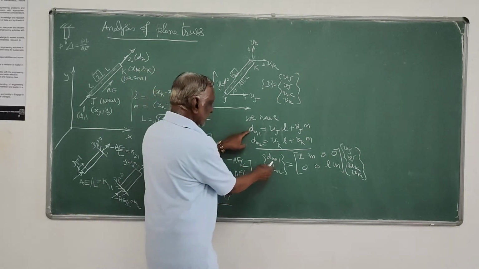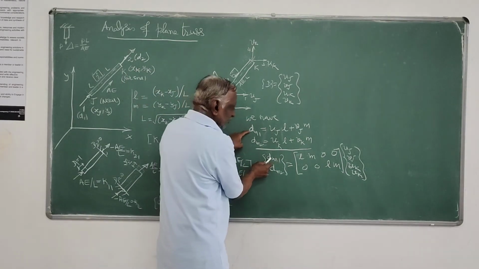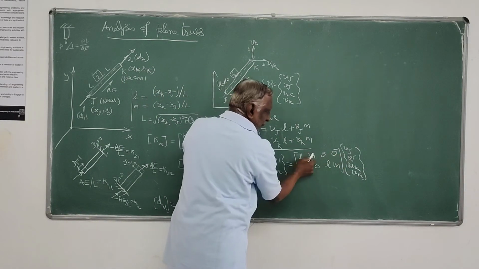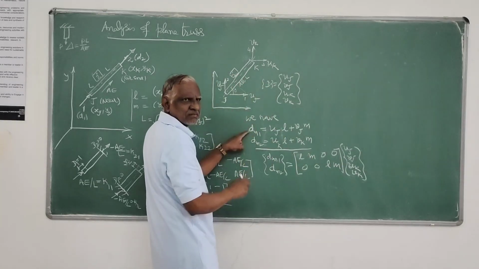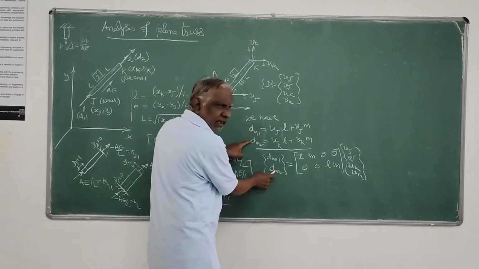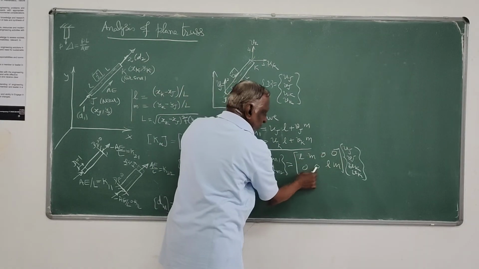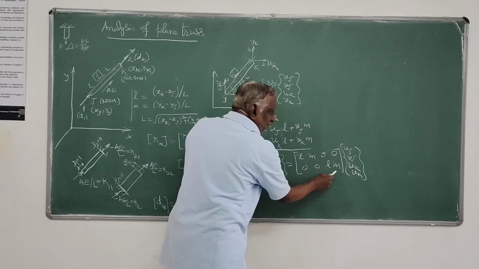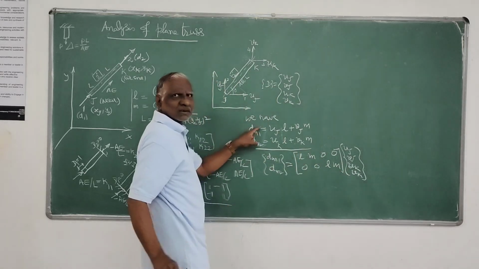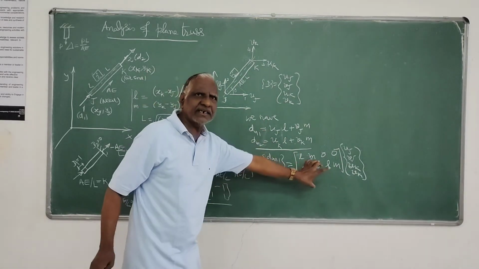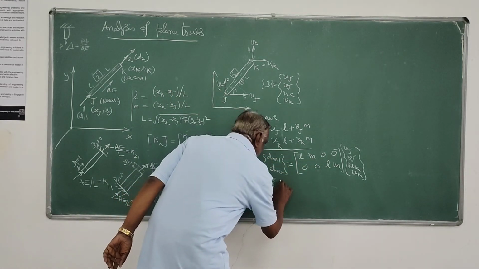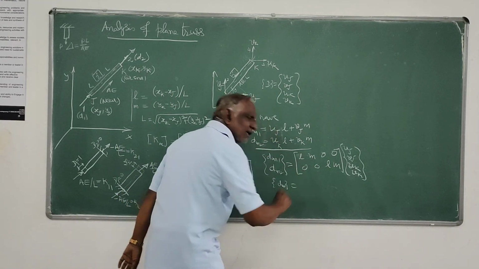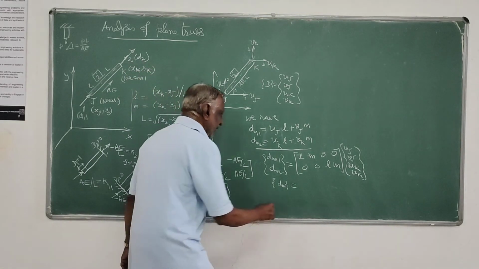You can see dm1 is equal to l uj plus m vj plus 0, 0. That is the same as this. Similarly, dm2 is 0 uj, 0 vj, uk l, vk m. This equation you can write in matrix form like this. Or you can say this is the member end displacement in local coordinates.